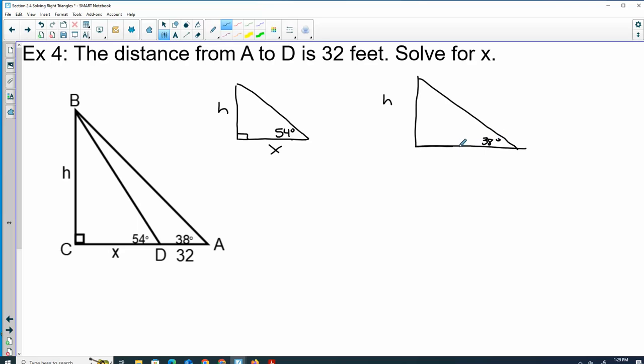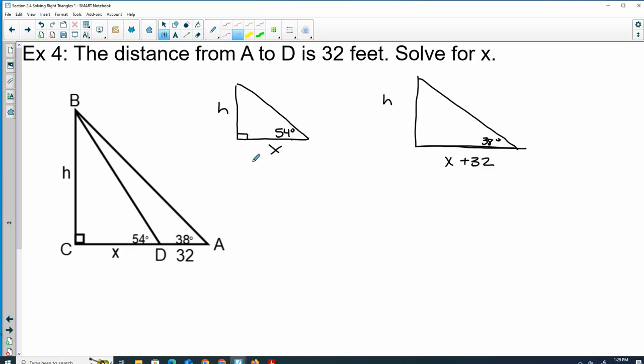What would this whole length be? X plus 32. We don't have a full side length in either triangle, but we can use both of them together in order to get our answer.